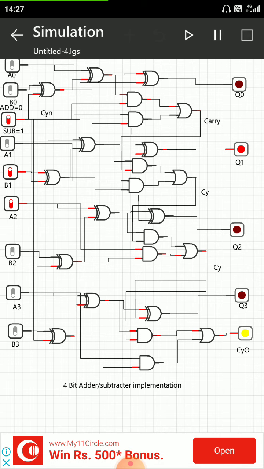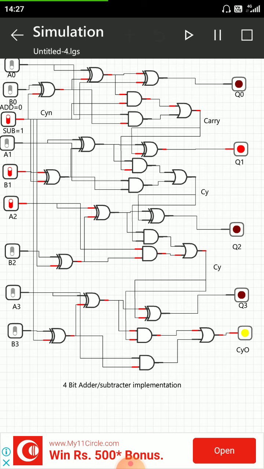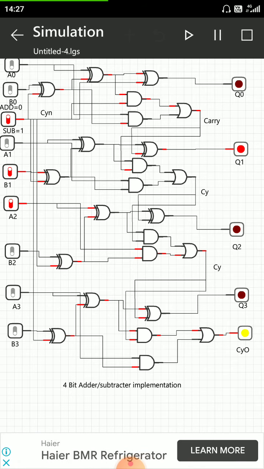Carry output only denotes that the number is positive. But what if a higher number is subtracted from a lower number? Let us check what happens.